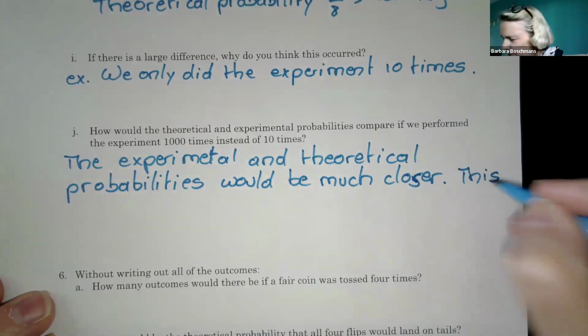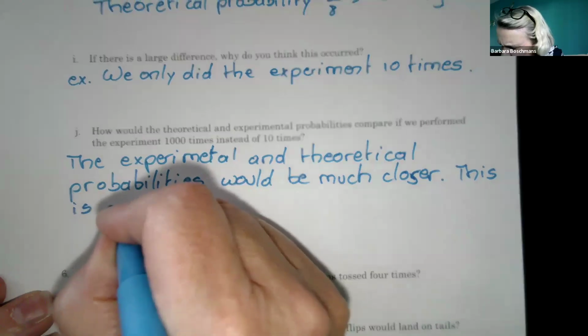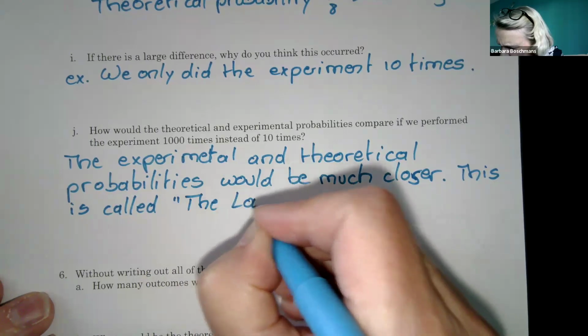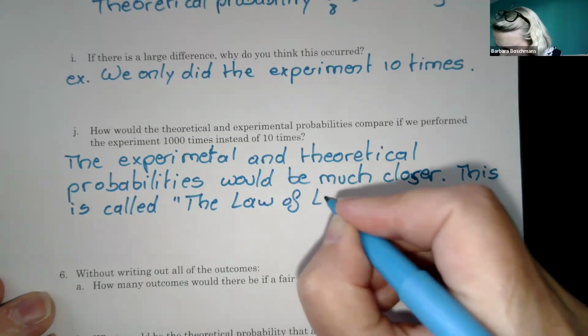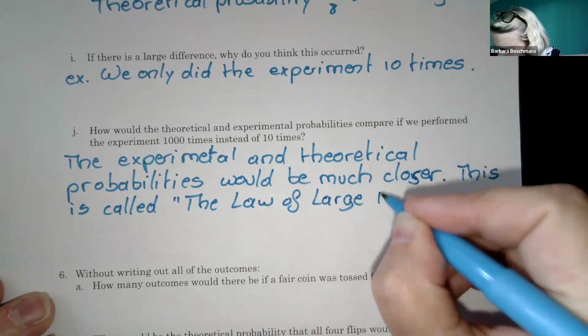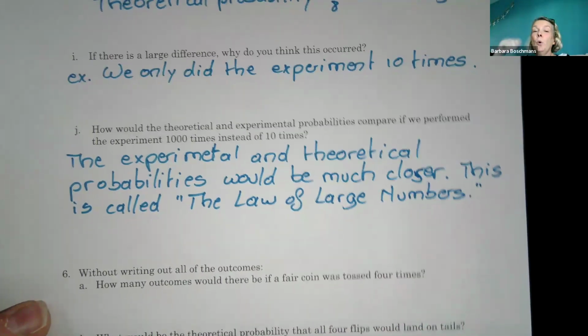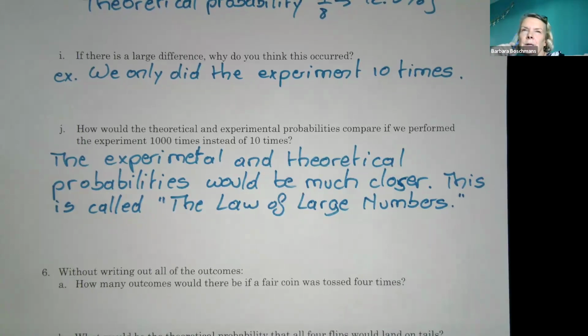This is called the law of large numbers. The more times you perform an experiment, the closer you get to theoretical probability. Your individual penguin race probability was probably pretty far off from the theoretical, but the more people add data to the spreadsheet, the closer that will get to theoretical probability.